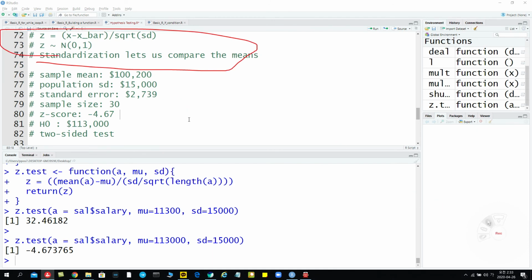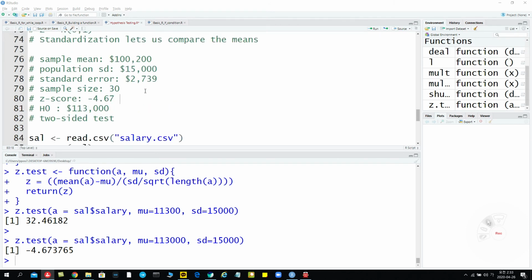Now with R programming, we'll use this. For example, we have a data scientist group. H0 is about the salary of the data science group in the US.